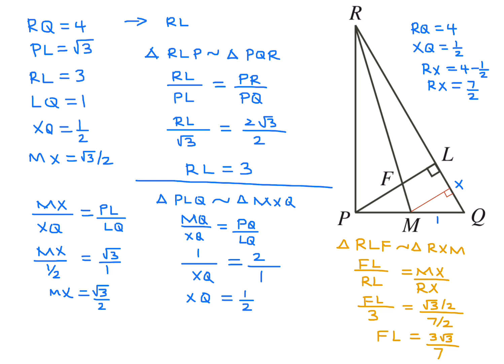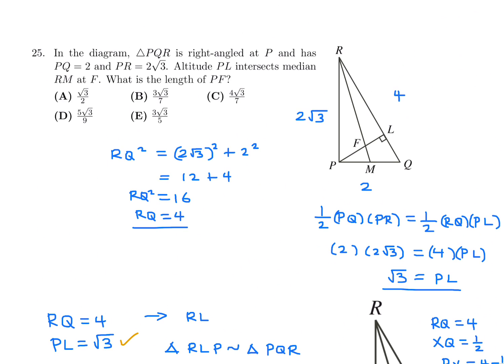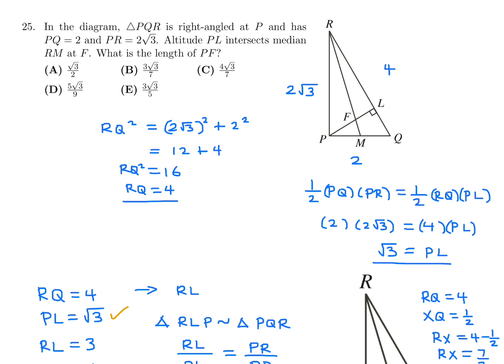The final step, of course, is that PF, which is what they want us to figure out, is equal to PL minus FL. PL is root 3. FL I just got over here, 3 root 3 over 7. I can get a common fraction, 7 over 7, and if I do, that becomes 4 root 3 over 7. There you go. 4 root 3 over 7 is the answer to number 25, which is choice C.